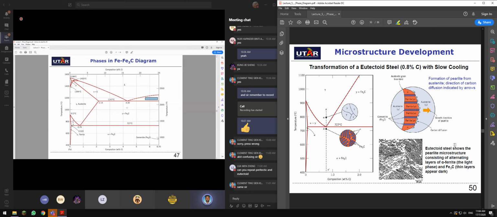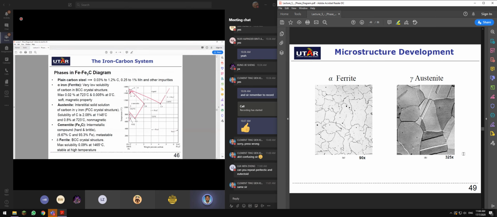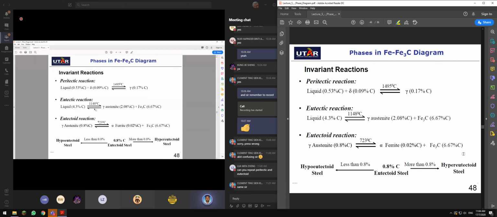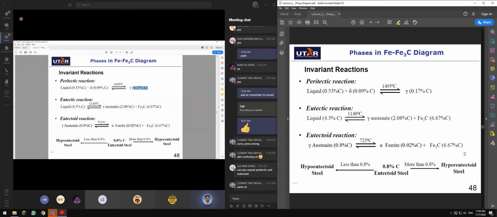From liquid directly to solid, in an instant. But you need to have a carbon content of 4.3. For peritectic reaction to occur, you need to have a carbon content of 0.17.